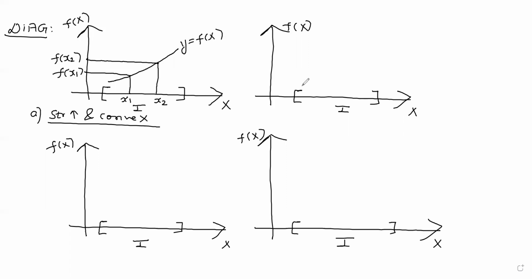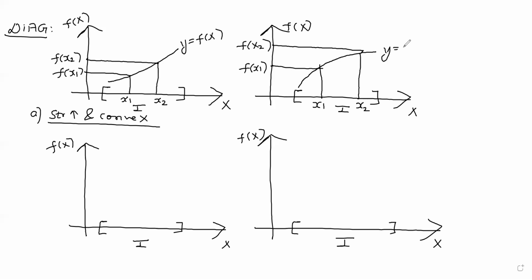Similarly, I can draw another diagram. Look at the second diagram, guys. Again, you can see I take two values, x1 and x2, and you can clearly see this is my f of x1, this is my f of x2, and x1 less than x2 implies f of x1 is strictly less than f of x2.